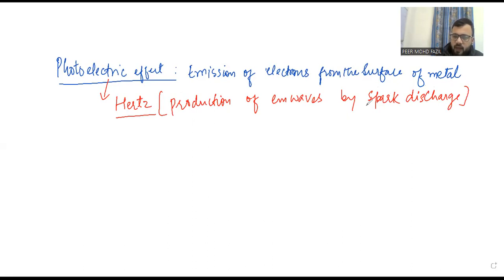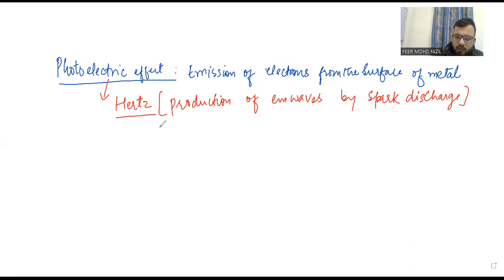There he noticed some enhancement when the detector was illuminated by ultraviolet radiation. He concluded that when light of suitable frequency falls on a metallic surface, electrons get ejected from it.